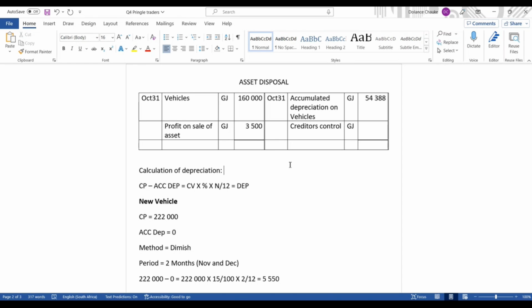Guys, are we together? Yes, the profit is given on the question paper. I was just clarifying because some people are not understanding. So let's look at this statement properly.